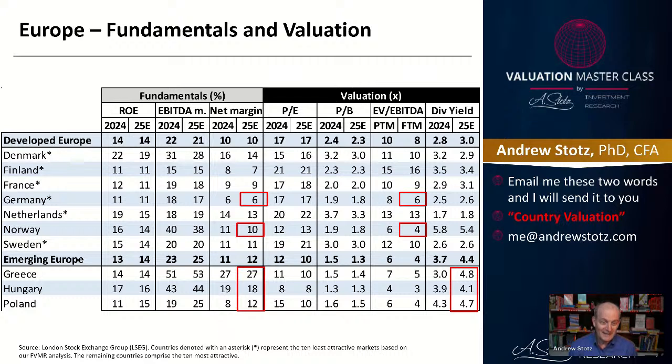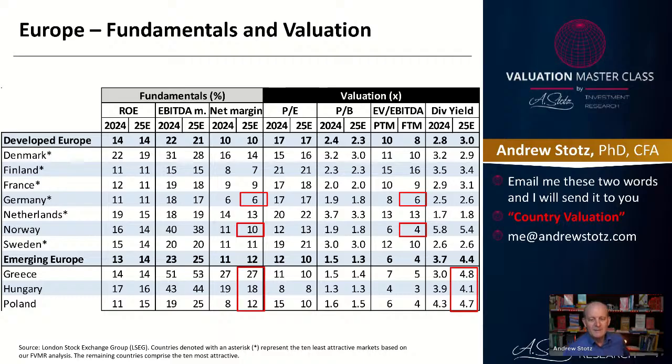Net margin is 10%, and EV to EBITDA is even lower than Germany at 4 times. Price to book is about the same, and PE is lower as well. Look at the dividend yield of Norway at 5%. This is a good sign that Norway is cheap.